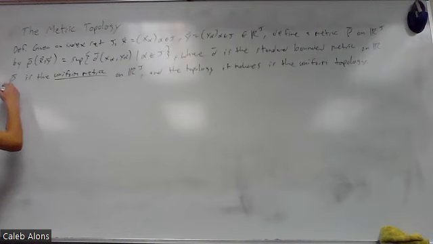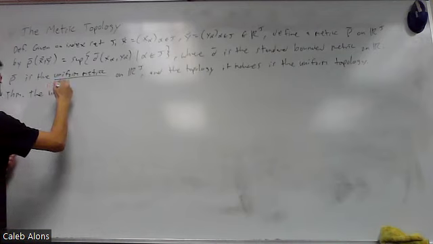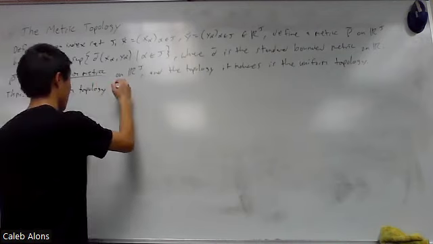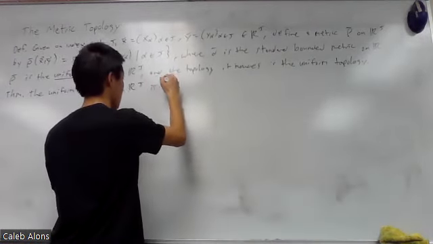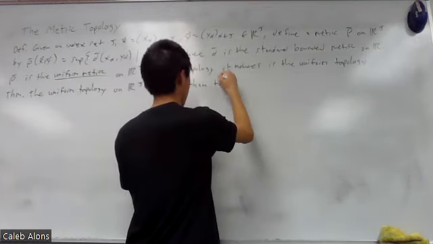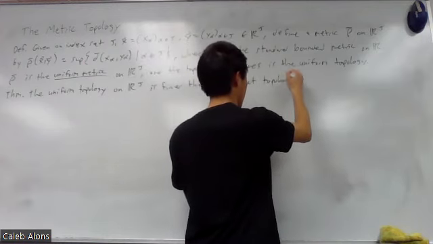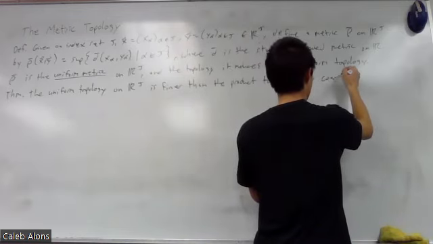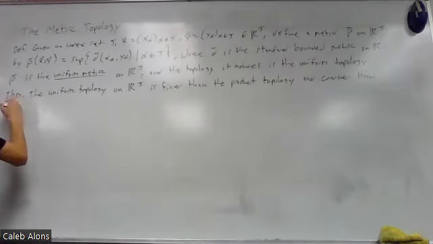Okay, so then the theorem: the uniform topology on R^J is finer than the product topology and coarser than the box topology.